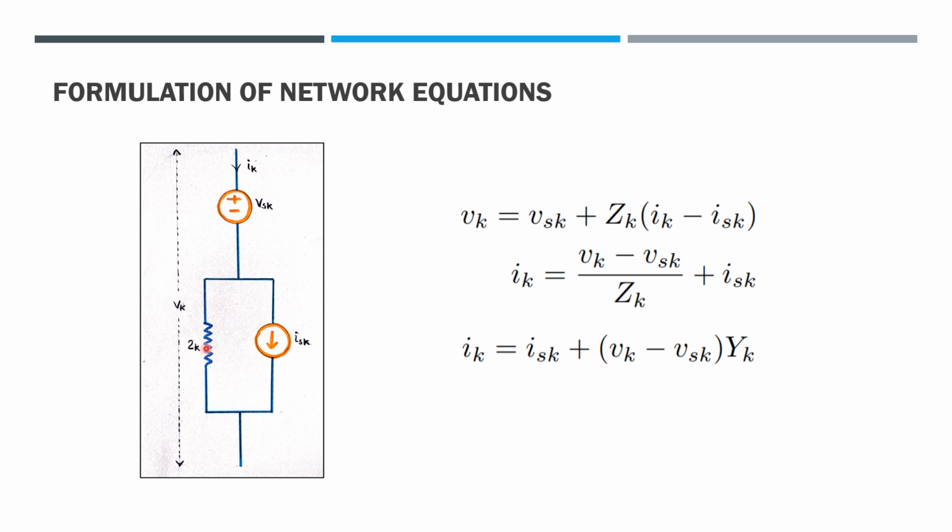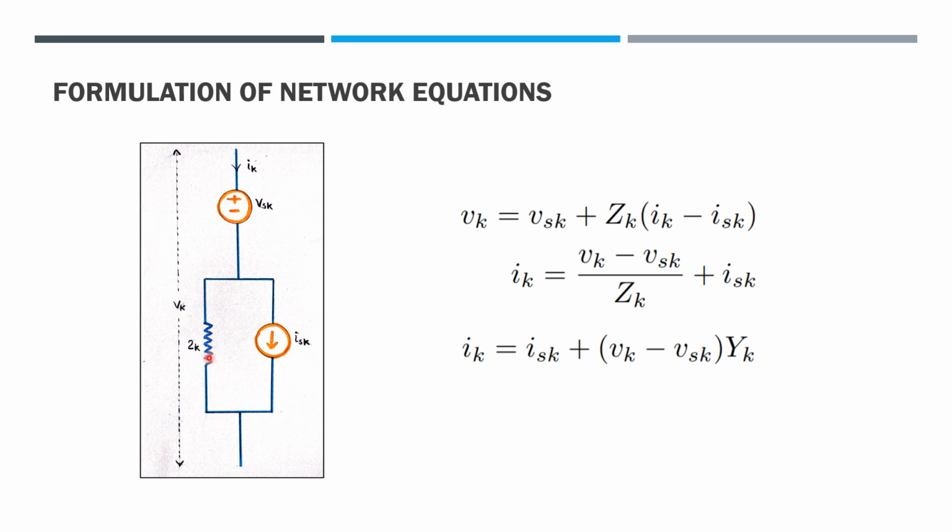Value of impedance in kth branch is Zk. Here value of resistance is Zk. Here impedance is always resistance. We can observe that Vk is equal to voltage across this voltage source plus voltage across this resistance. So Vk is equal to Vsk plus voltage across this resistance.